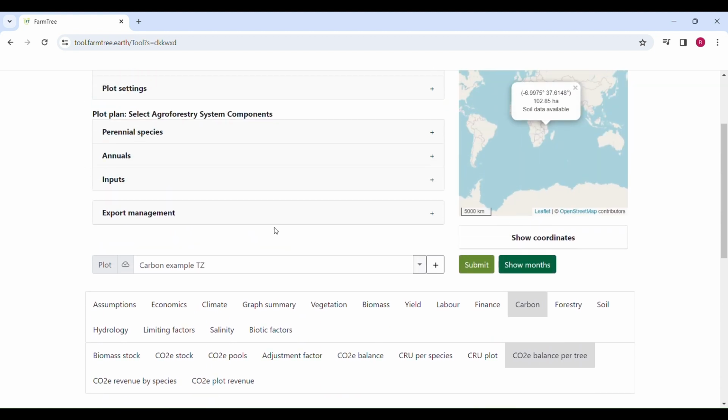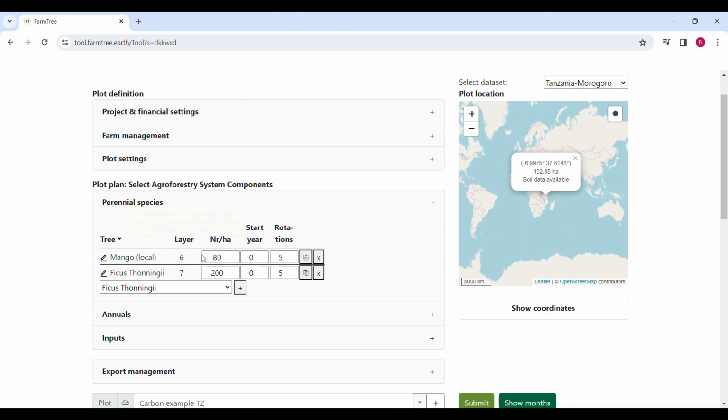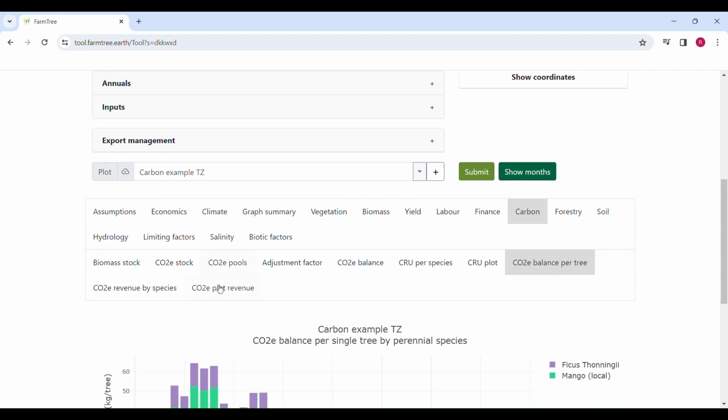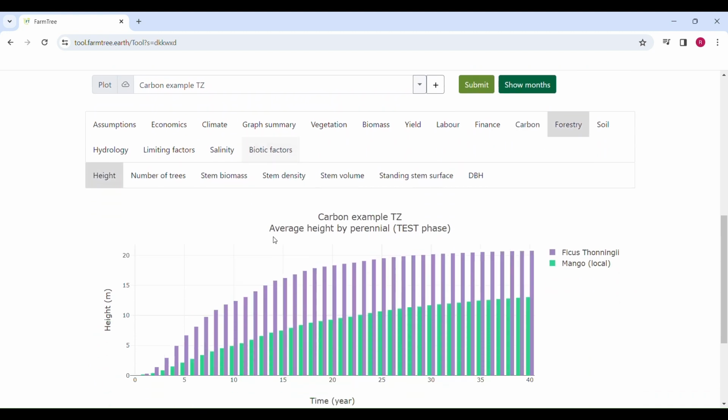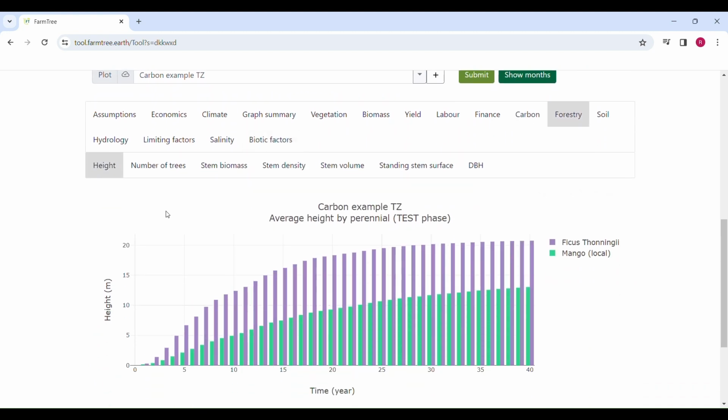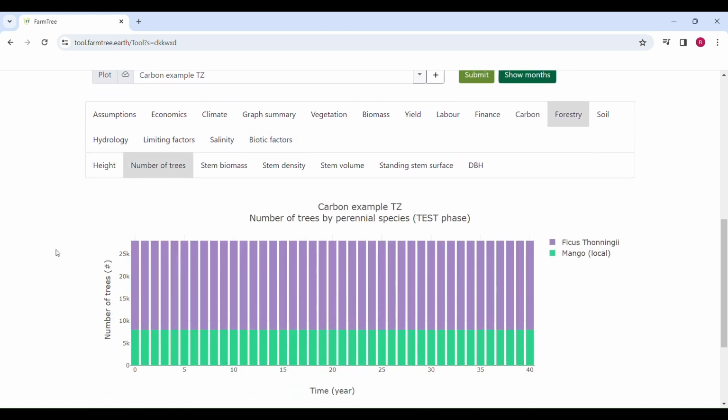So in this case, we planted 80 mango trees and 200 ficus trees. And we check with forestry how much is actually realized if we go to the number of trees. And here we can see, based on 100 hectares, we have 20,000 ficus trees and 8,000 mango trees.